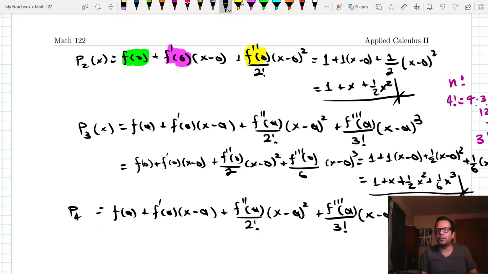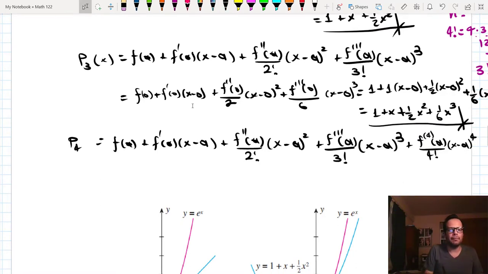And let me add one term plus the fourth derivative evaluated at a over 4 factorial, which we already said it was 24, times x minus a to the 4th power.